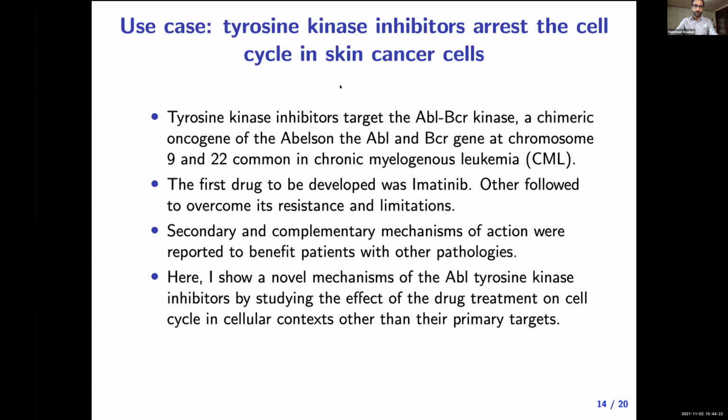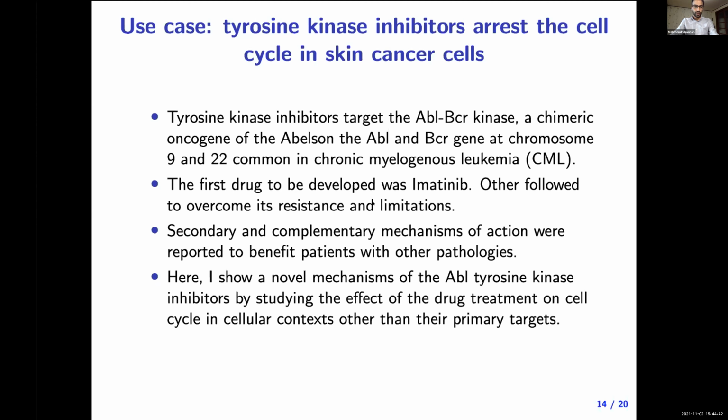So this is a quick use case. In this use case, I'm looking at the tyrosine kinase inhibitors that target a fusion oncogene called BCR-ABL kinase, and this is really important in chronic myelogenous leukemia.